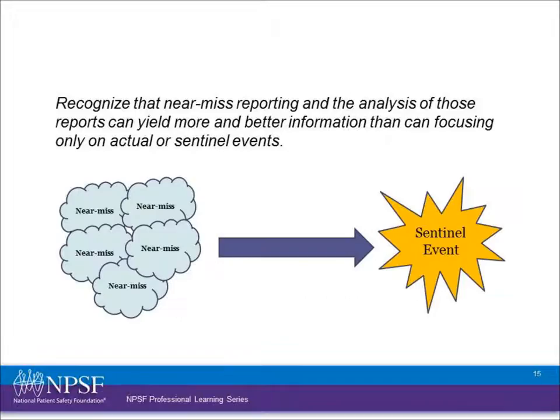And then finally, I can't say this more strongly, but recognize that near-miss reporting and the analysis of those reports can actually yield more and better information than focusing only on actual or sentinel events. I think that organizations often fail to appreciate that a cluster of near-miss events almost always points to an event that eventually becomes sentinel.